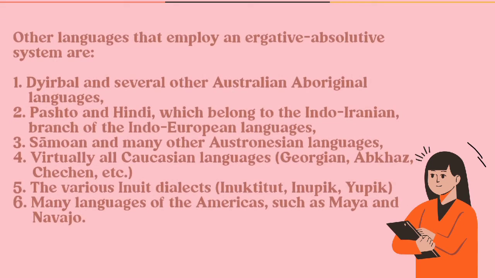Now we want to talk about other languages that employ Ergative Absolutive systems. There are Dyirbal and several other Australian Aboriginal languages, and then Pashto and Hindi, which belong to the Indo-Iranian branch of the Indo-European languages, and then Samoan and many other Austronesian languages, and also virtually all Caucasian languages such as Georgian, Abkhaz, Chechen, and so on.